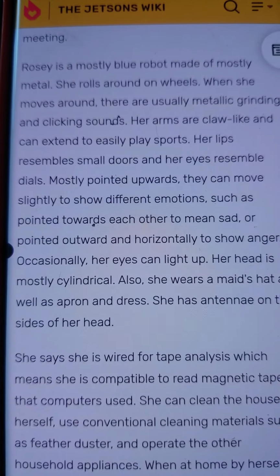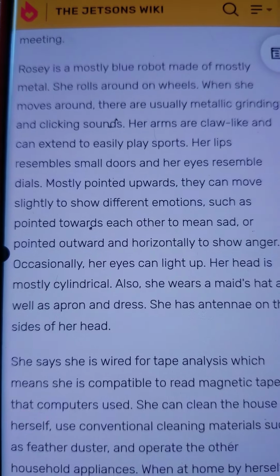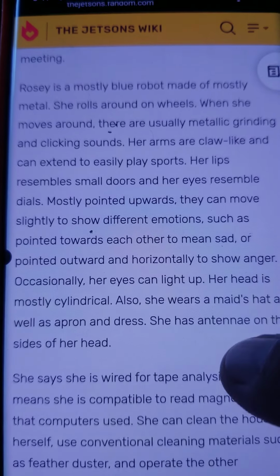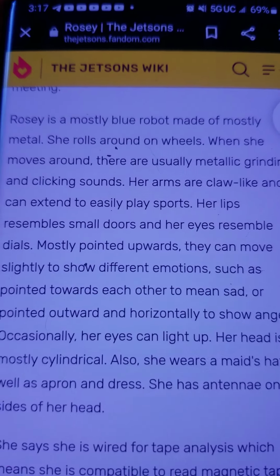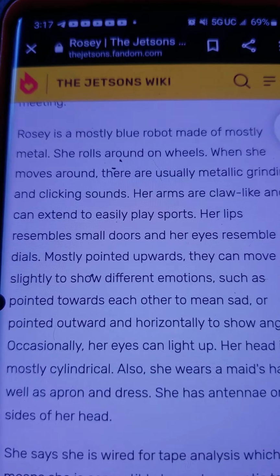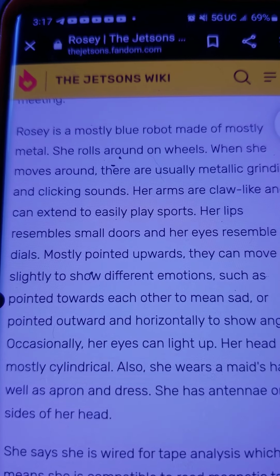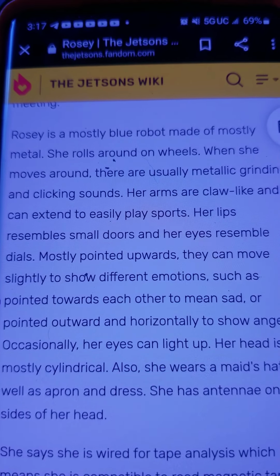Rosie is mostly blue, a robot made of mostly metal. Why do I think that's important? Because we had Rosie Rio, right? Her name is on 1.2 trillion or 1.4 trillion dollars out of the 4.6 trillion dollars in circulation.